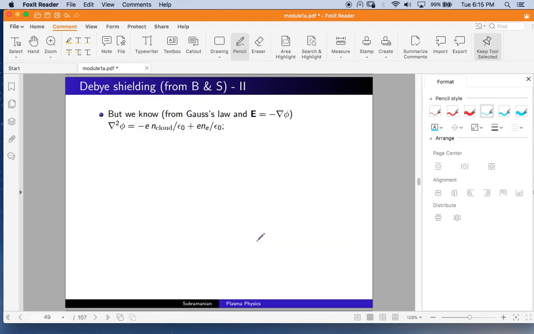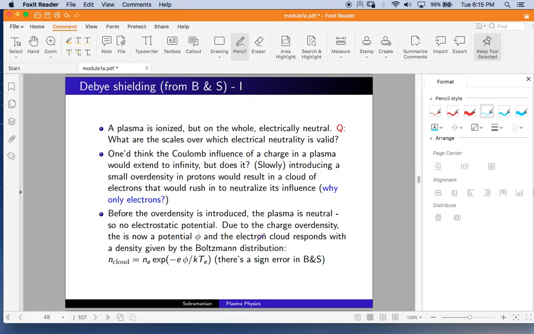Let me see what the next slide is. Before that, I will also introduce a different way of seeing this. If you are comfortable with the Boltzmann distribution, then you will immediately accept this.